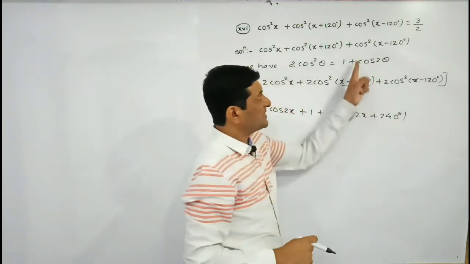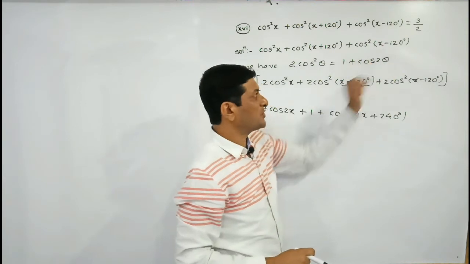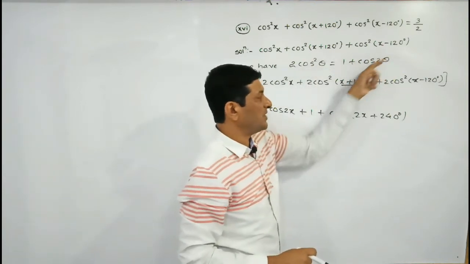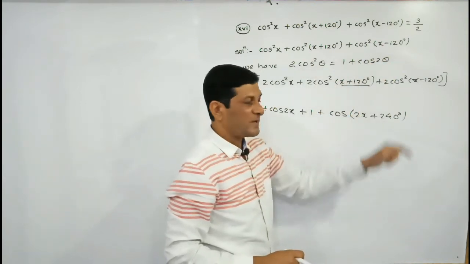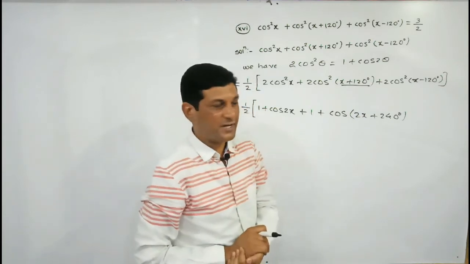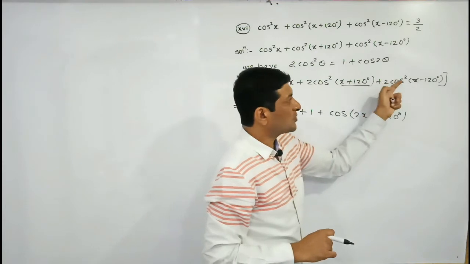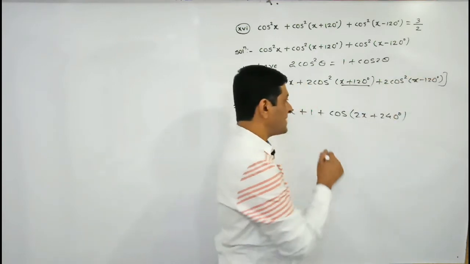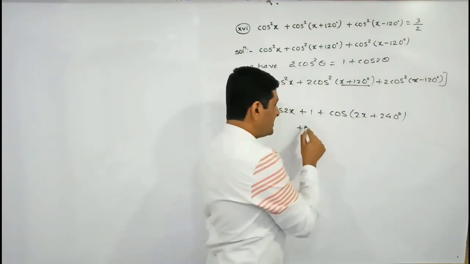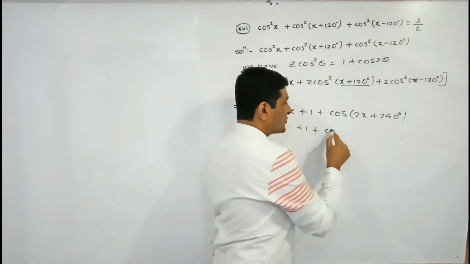Just we are applying simply this formula, 1 plus cos 2 theta. If here there is theta then here 2 theta, and this is our theta, so its twice will be 2x plus 240 degrees. Again the last term is also in the same form, 2 cos square theta. So its value will be equal to 1 plus cos 2 theta.